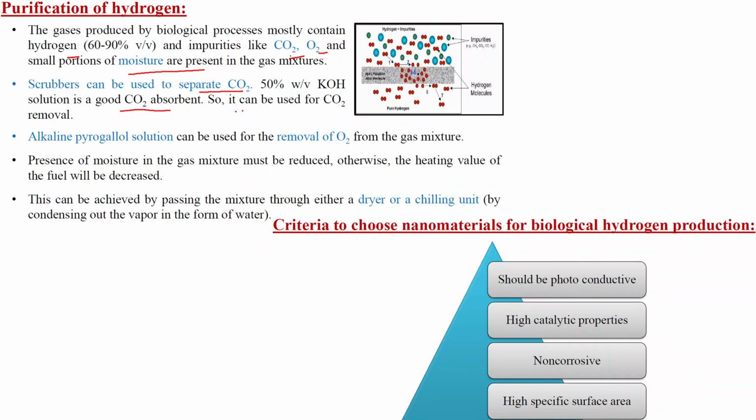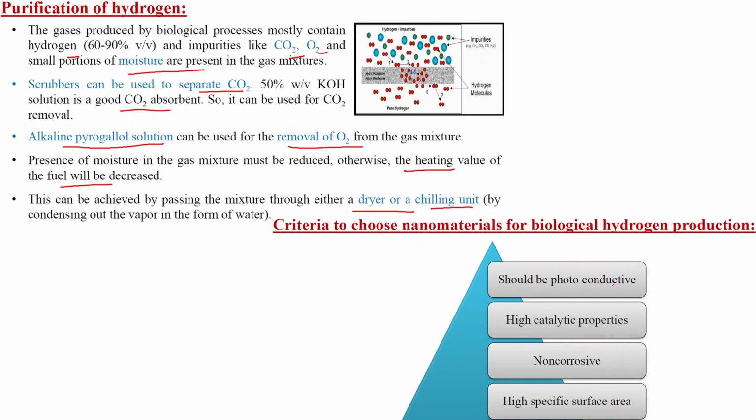Then alkaline pyrogallol solution is used for the removal of traces of oxygen in the gas mixture. If moisture is present in the gas mixture, it must be reduced because it will decrease the heating value of the fuel. We can remove the moisture either by drying or by chilling, that is, by condensing out the vapor in the form of water.